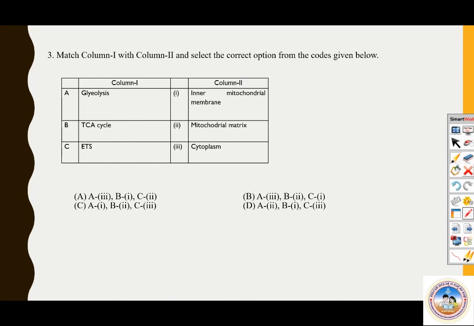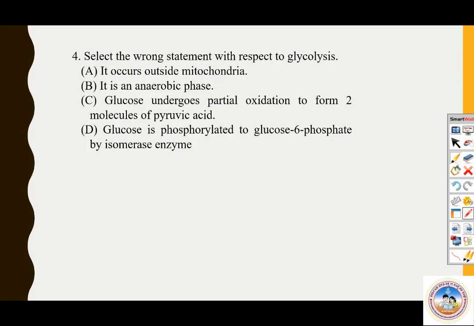Next one. Select the wrong statement with respect to your glycolysis. What is it, children? Select the wrong statement with respect to your glycolysis. You have to select which is wrong. Am I clear to you? Now, it occurs outside the mitochondria.